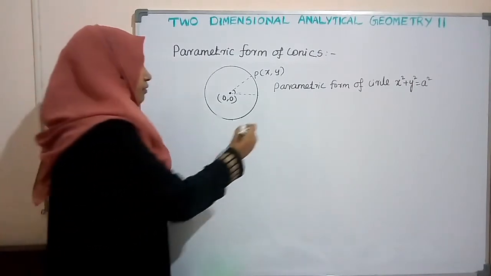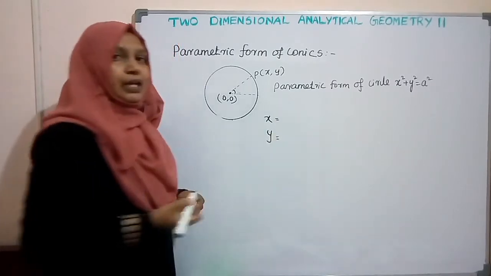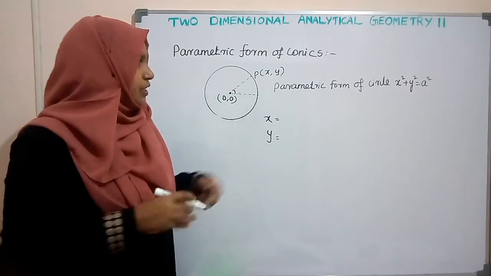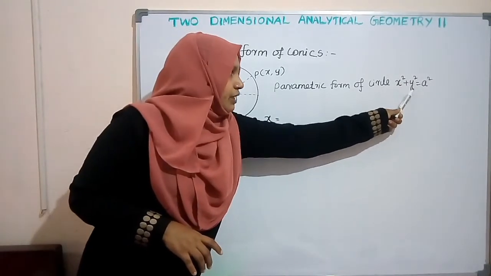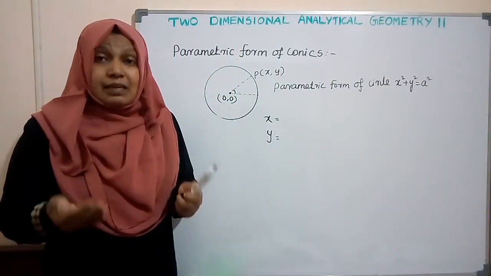In this form, we will write the equation for x coordinate and y coordinate separately. For x coordinate one equation, for y coordinate another equation. In this Cartesian form, we have the x and y values together. In parametric form, we are going to write it separately.